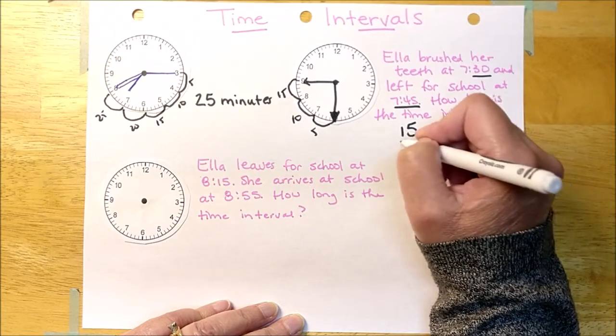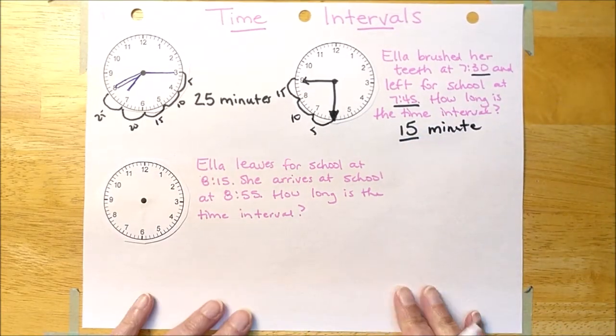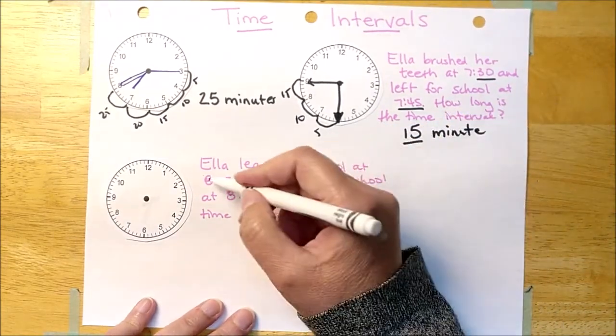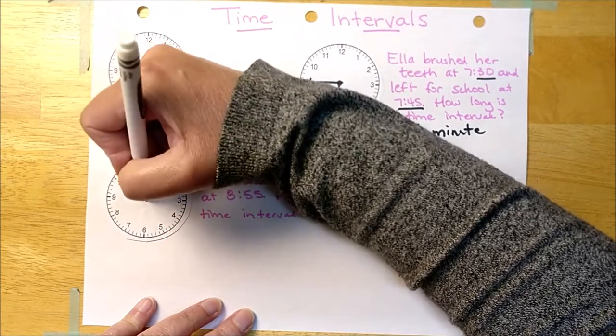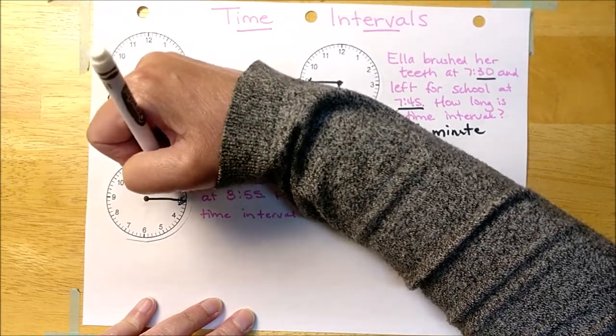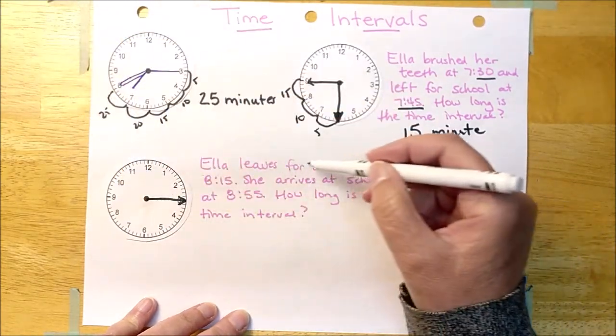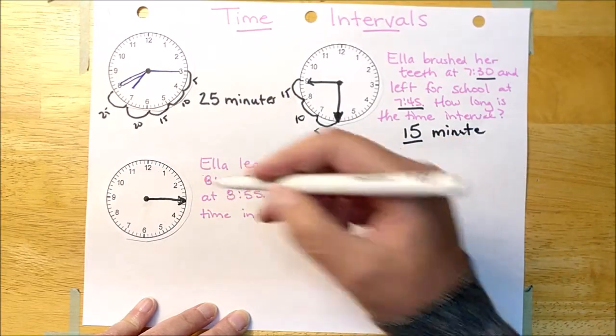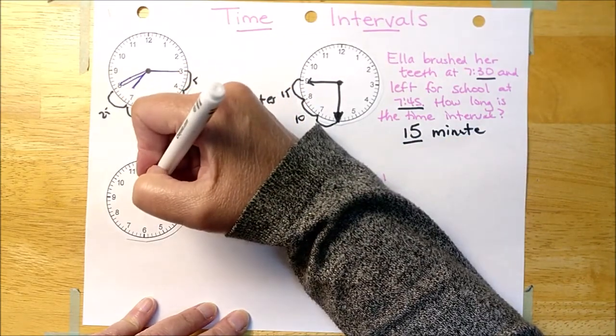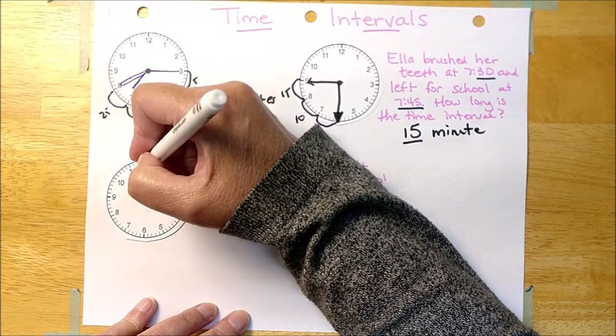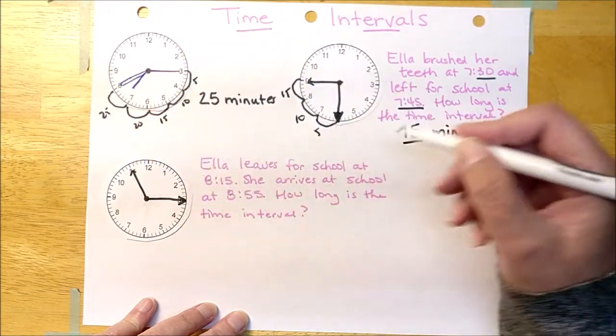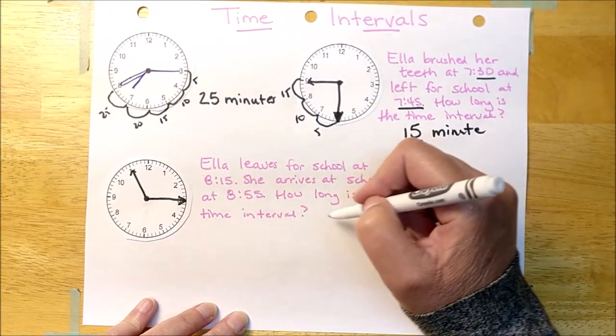How long is the time interval? 15 minutes. Ella leaves for school at 8:15, so I'm going to make my starting hand point at the 15. She arrives at school at 8:55, so she is taking a while to get to school. How long is the time interval?